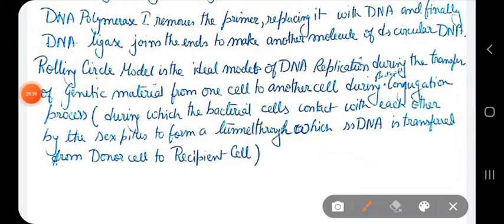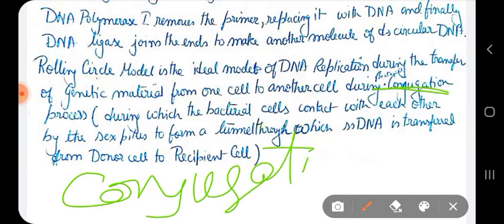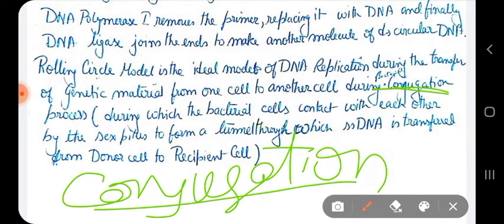Now this type of thing you will often see in your microbiology class when you study this concept called conjugation. When you study conjugation, you will see how the genetic material is transferred from one bacterial cell to another bacterial cell by this rolling circle model of replication.